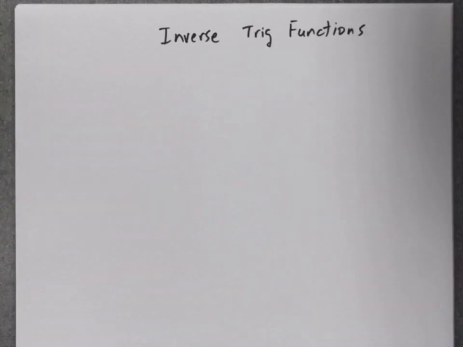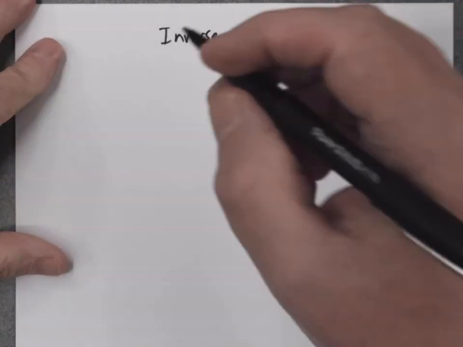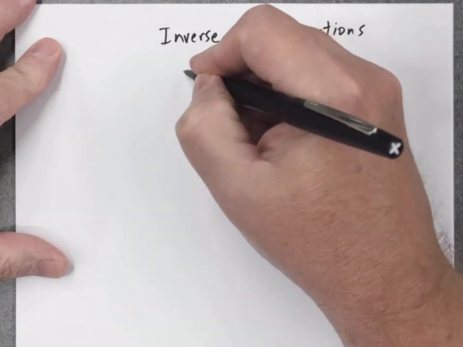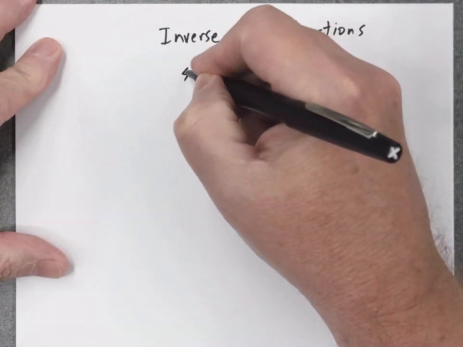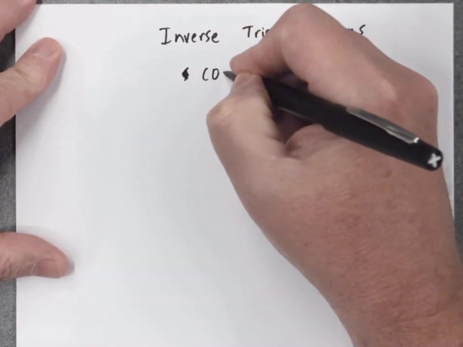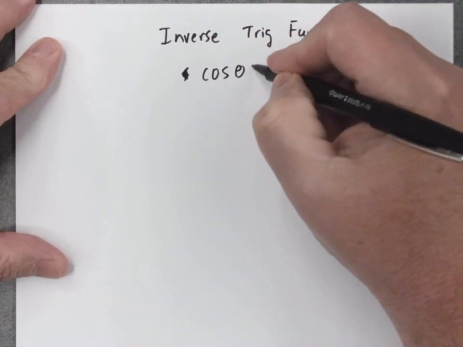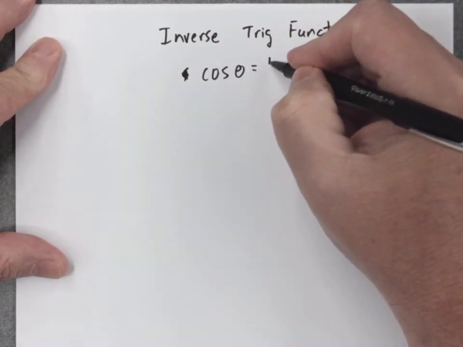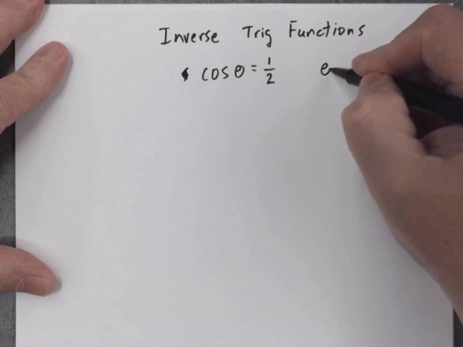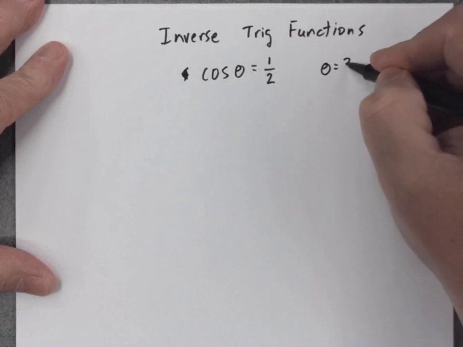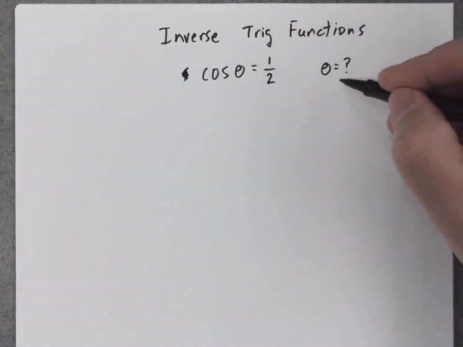As a quick introduction to inverse trig functions, let's go back a minute and look at if we were given this very simple equation and we were asked to solve it.